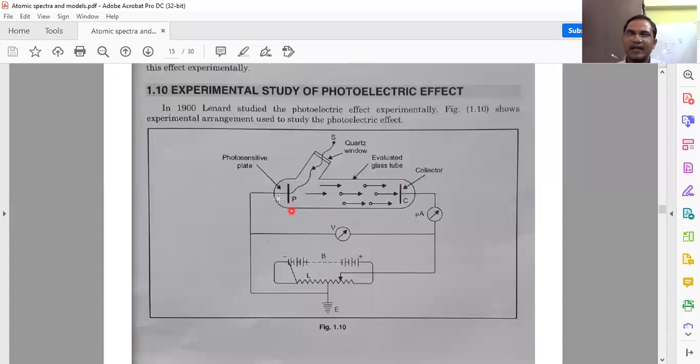For example, the collector is at -5 while the cathode is at -20. Then also it is a higher value. So even though the collector has negative polarity, some electrons will move towards it, and we observe deflection in the microammeter, that is, the photocurrent.